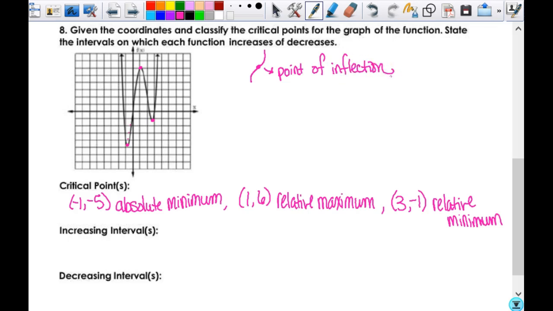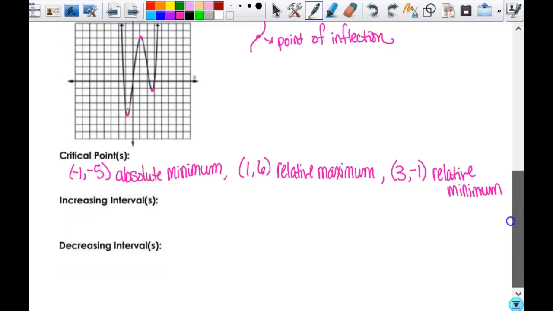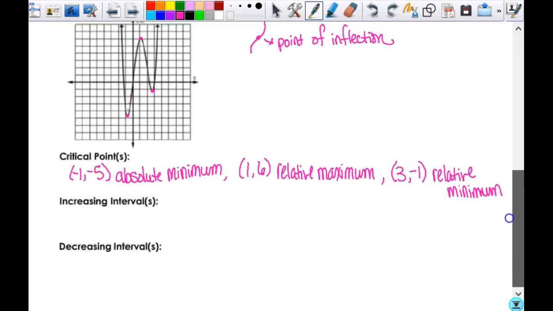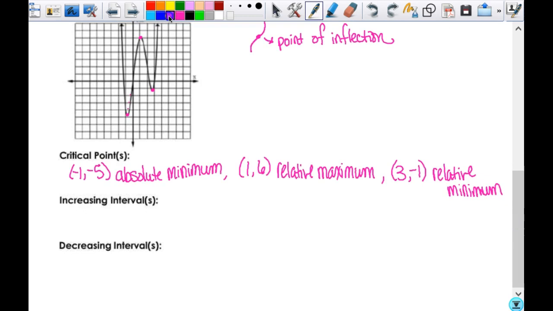Okay. All right, so then increasing intervals. The change between increasing and decreasing is happening at these critical points. So the y values here are decreasing until they get to here. So even though we're talking about y values, the intervals that you write are x intervals.